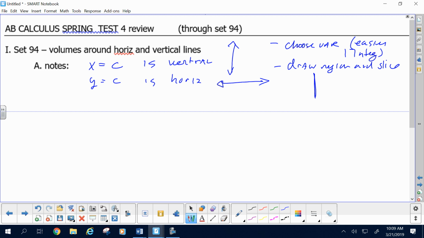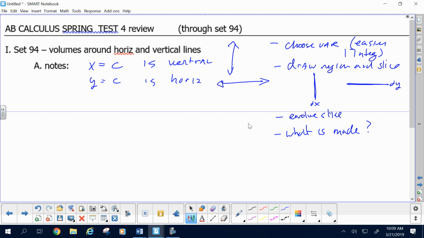When you use x, your slices look like that. When you use y, the slices look like that. Then you revolve a slice. And after that, then and only then, you say what's made: a shell, a washer, or a disc. Okay? That is the last part of the problem, not the first.